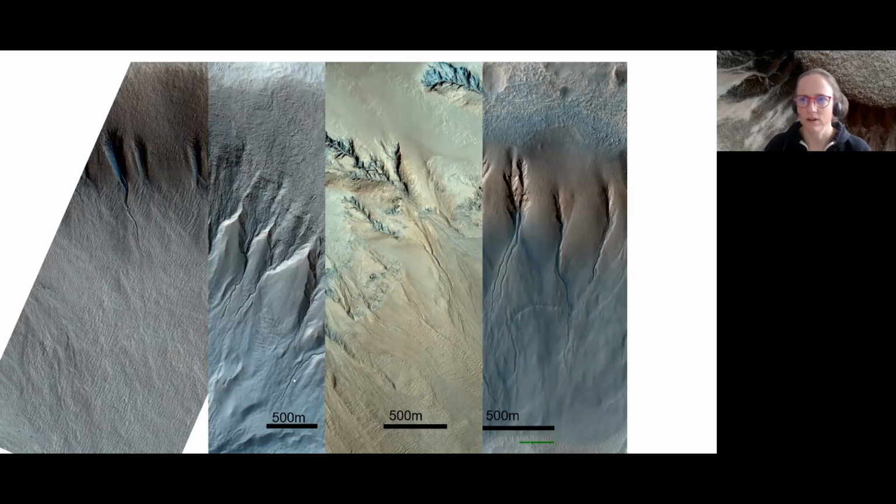So these are integrated systems, as we find in fluvial systems on Earth, where we have tributaries that lead into channels that are incised into the surface, which then deposit onto a debris apron or fan.